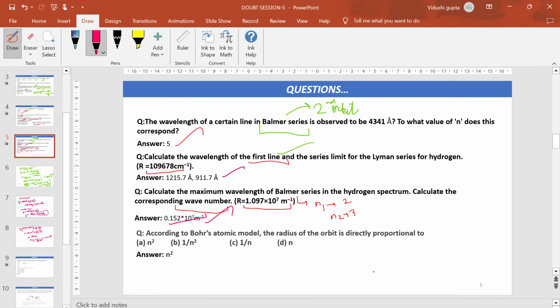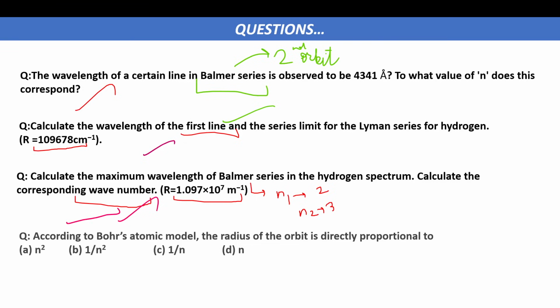Now next, calculate the Bohr atomic number. The radius of the orbit is directly proportional to n square.